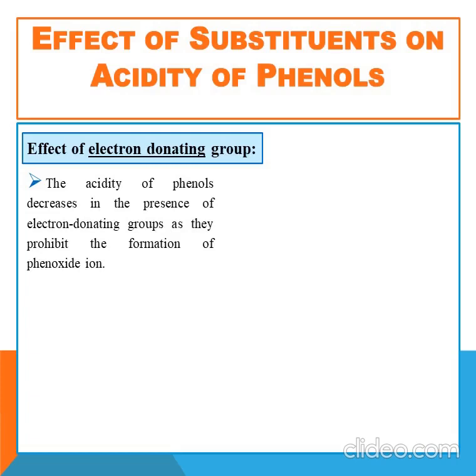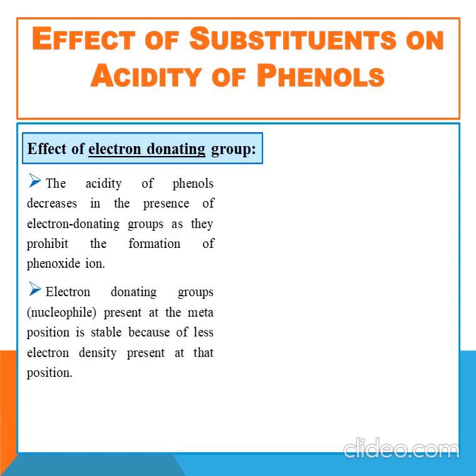So if you have attached an electron donating group to a phenyl ring, and electrons are donated, the phenyl ring becomes more electron rich. Once it has become more electron rich, it will not take any more electrons from the hydroxyl group. If it does not take electrons, the hydrogen will not be released, and the phenoxide ion will not be formed. Therefore, acidity will decrease.